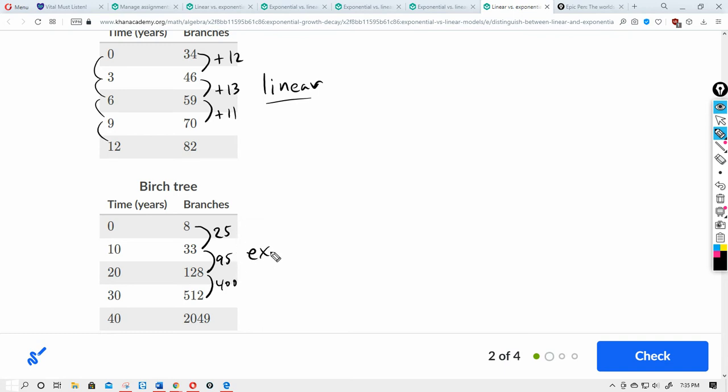So this is going to be exponential. Basically, 25 times 4 would be 100, times 4 is 400. And this will go up by about 1600. Okay, it goes up by the same multiple each time. Okay, so the birch is going to be exponential and the other one is linear.